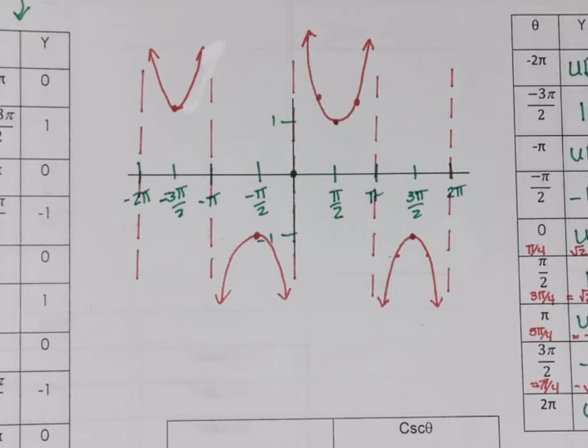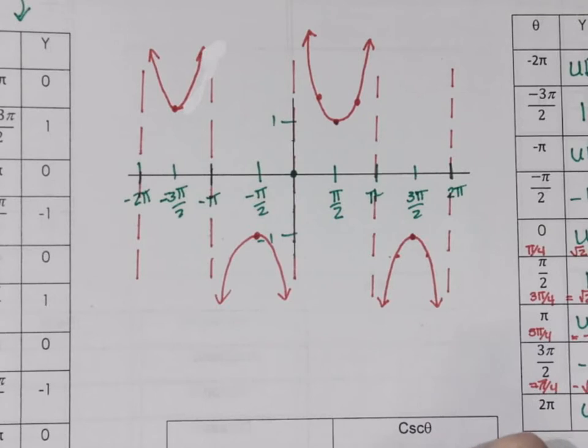Okay, let's talk about amplitude. None. Period. Every time. Pi. Oh no, it's not pi, guys. Oh, okay. Because what happens in between your asymptotes? You get a downward parabola.